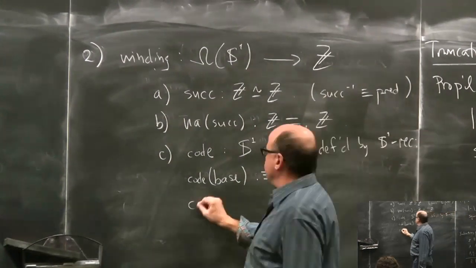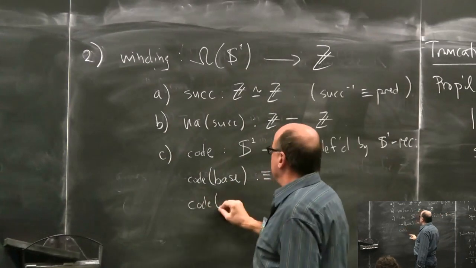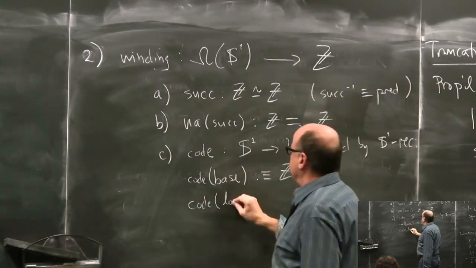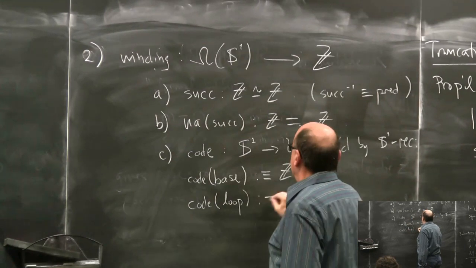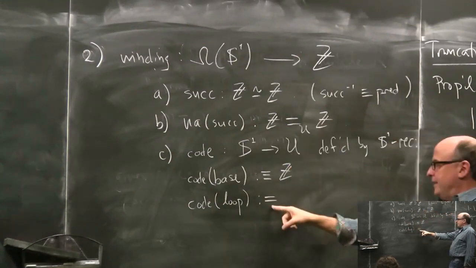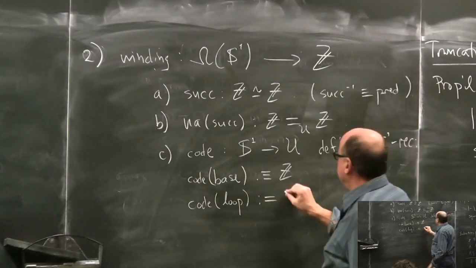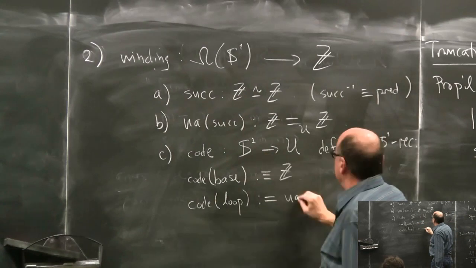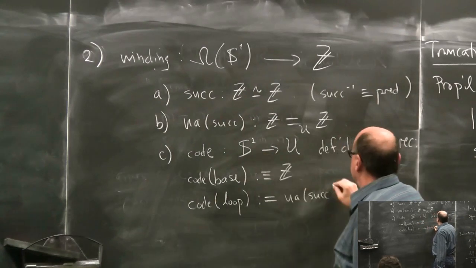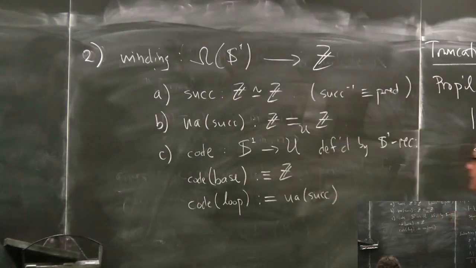And then using this informal notation we've used before, I now have to say it does something on the loop. And remember, we talked about this. I'll write colon equals here to say, by definition, it is going to be what I did a moment ago, the univalence axiom applied to successor.